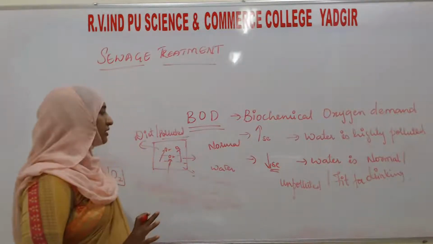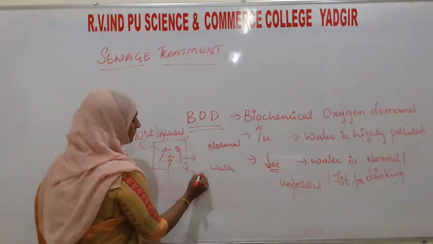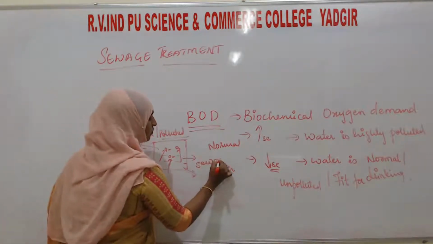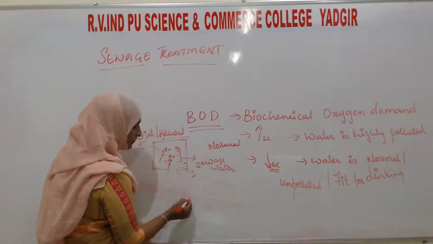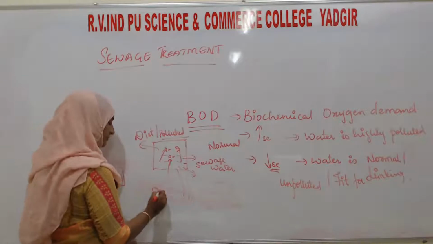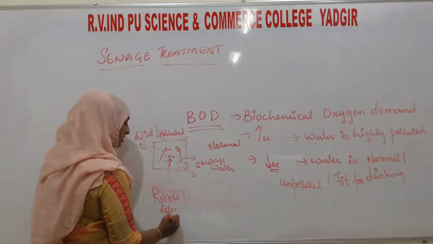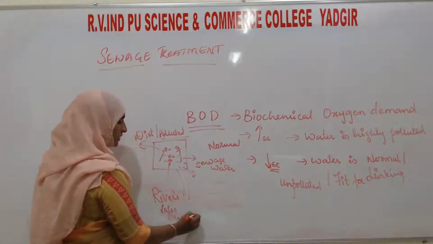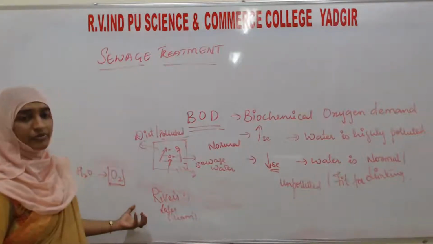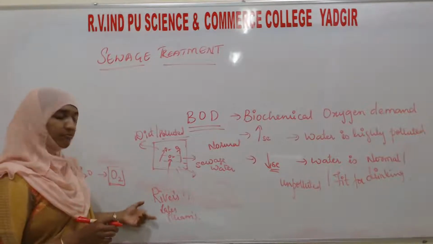If the sewage water is directly drained or released into rivers, lakes, or streams, whatever water bodies there are, that water also becomes highly polluted.